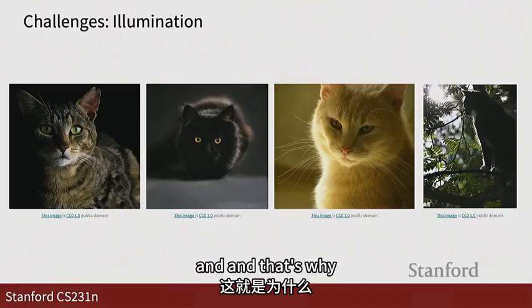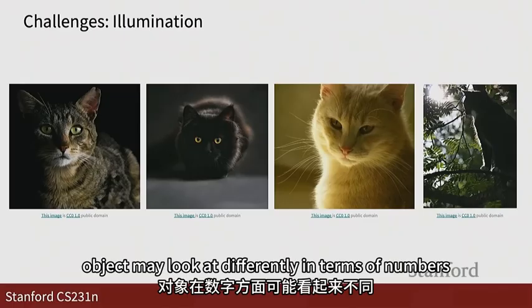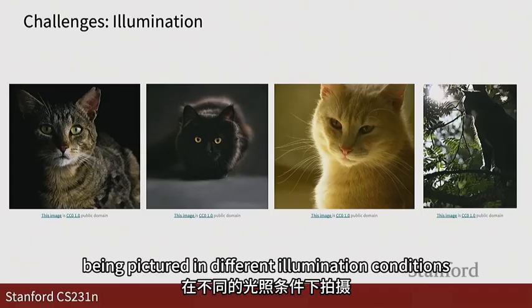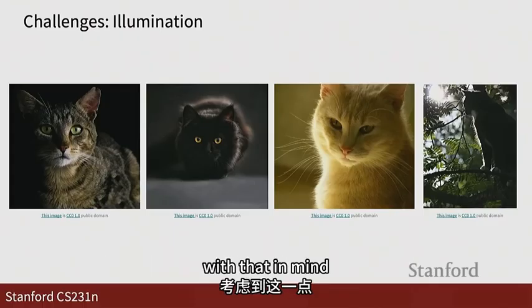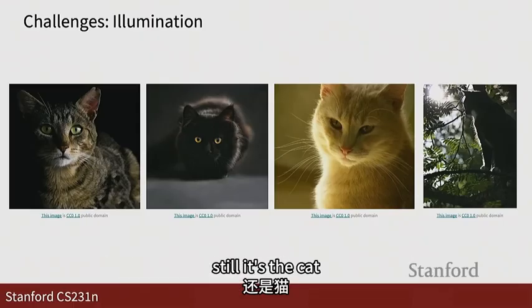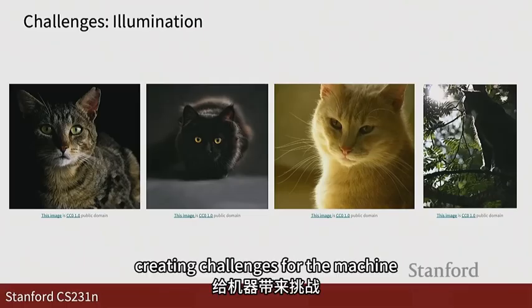And that's why the same cat, the same object, may look different in terms of numbers when it is pictured in different illumination conditions. So whether the cat is in a dark room or under the sun, it's still the cat. It's one cat, but this is creating challenges for the machine.